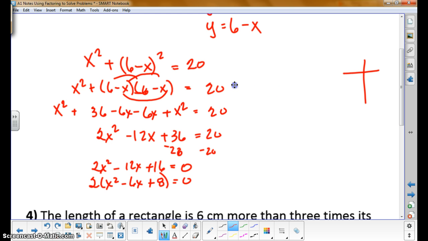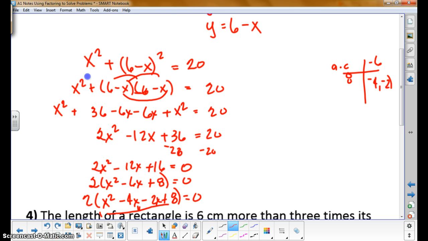And you're going to have to go back and ask yourself if one of those is eliminated by the problem. And I think the key word that you're going to find here to help you determine that is this word right here.